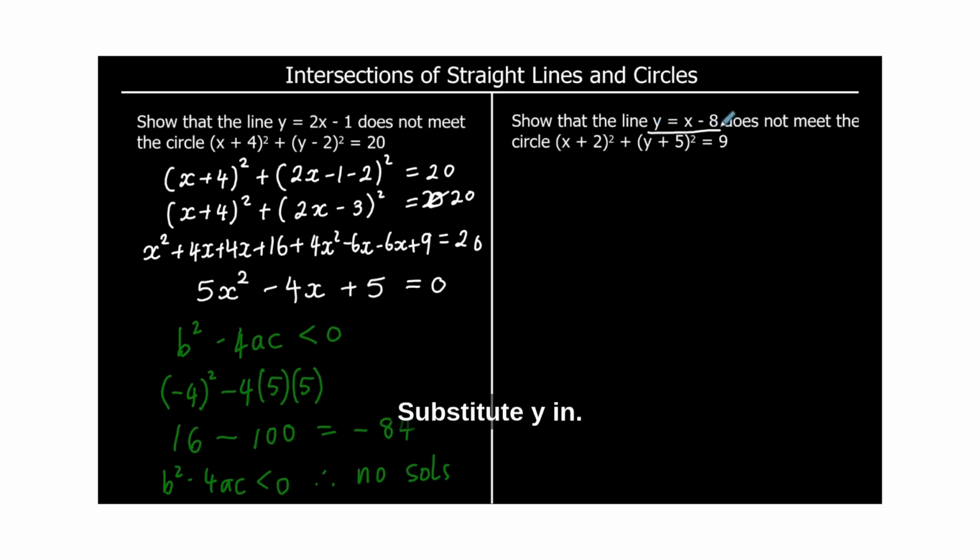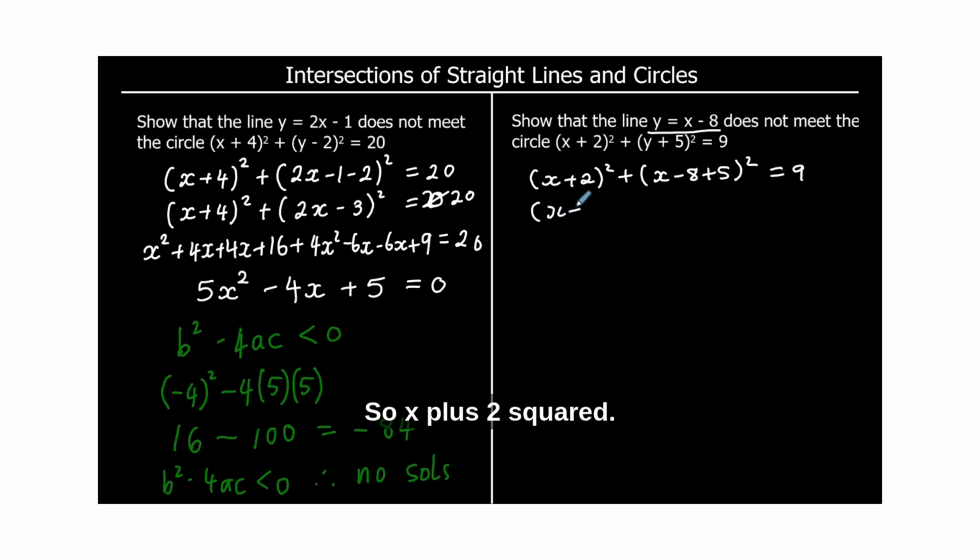Substitute in for y. That's (x plus 2) squared. Change y into x minus 8. So (x minus 8 plus 5) squared equals 9. So (x plus 2) squared. Negative 8 plus 5 is negative 3.